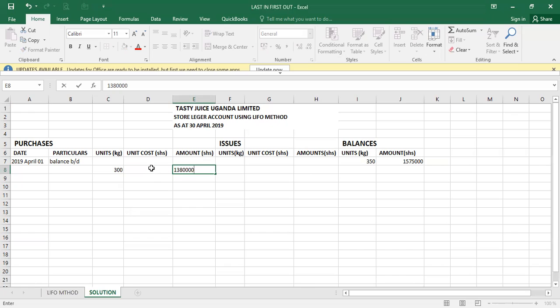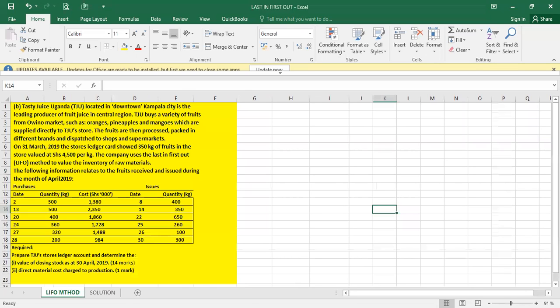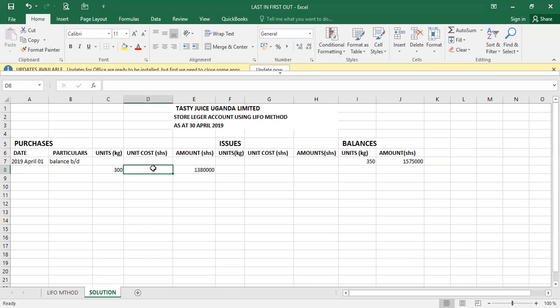So what will be our unit cost? It will be the total cost divided by the number of units. Then we shall be getting our unit cost as 4,600.